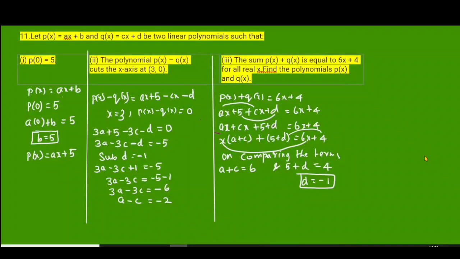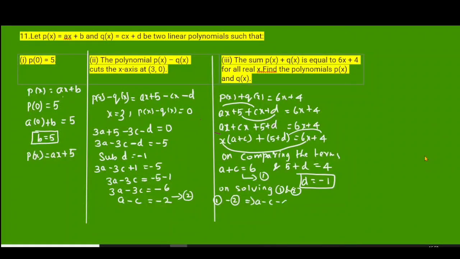Now this is our first equation and this is our second equation. On solving 1 and 2, both the coefficients are the same, so we can do 1 minus 2 here.